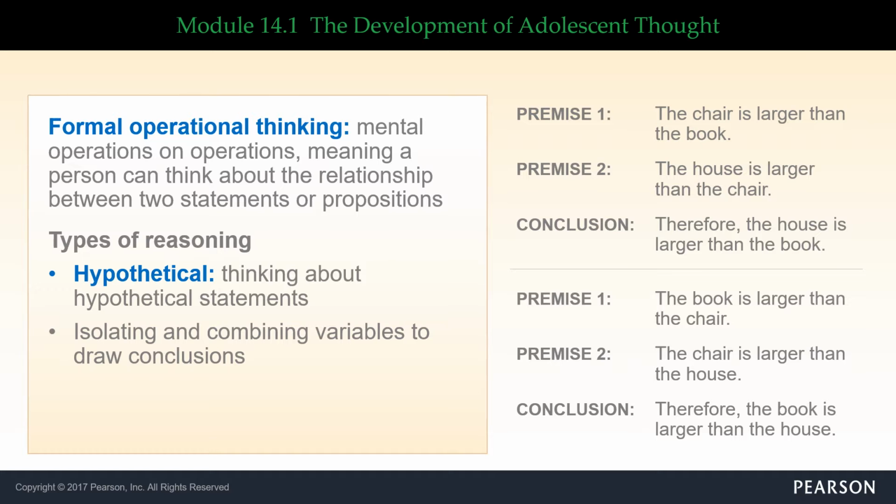Premise number 2, the chair is larger than the house. Therefore, the book is larger than the house. And so they have opposite conclusions, but based on different premises. So the first conclusion is the house is larger than the book, and the second one is the book is larger than the house, so the opposite.